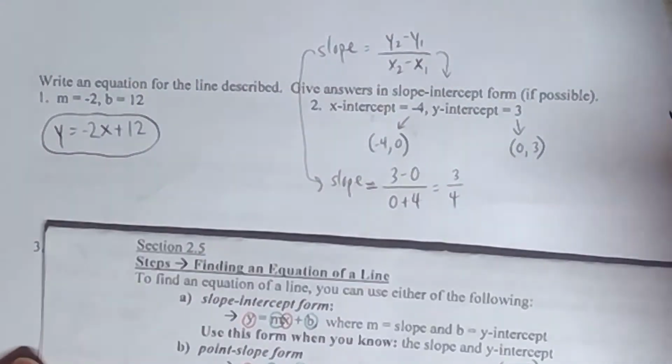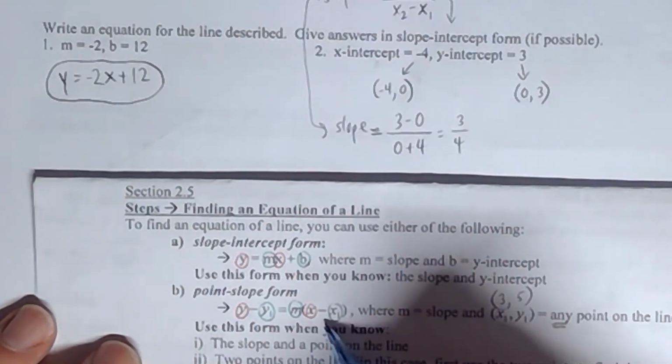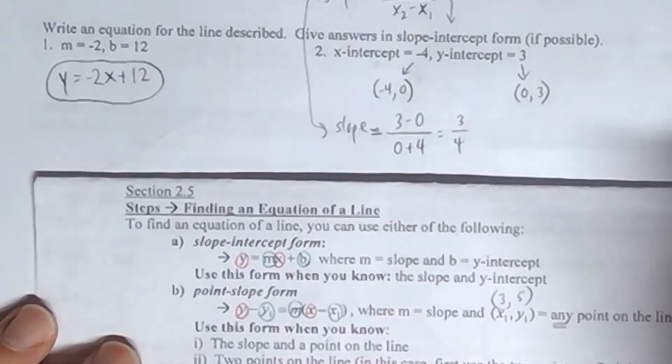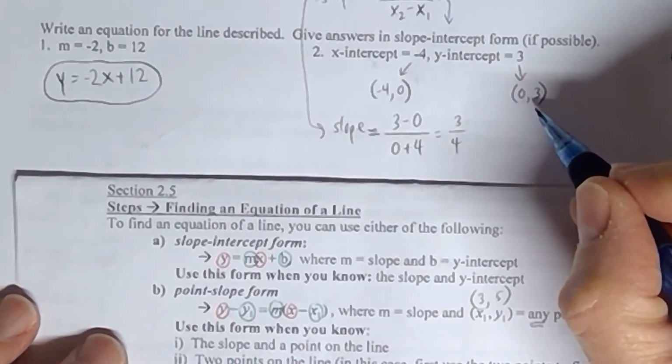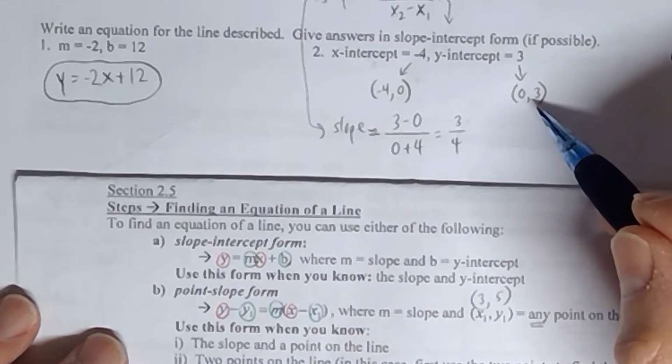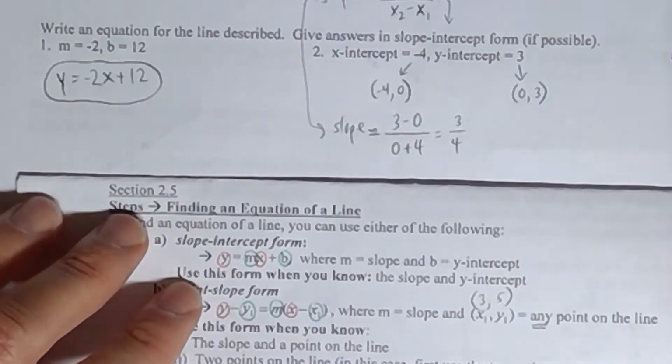But if you do not know what the y-intercept is, then you can always fall back on this second formula instead. Do we know the y-intercept? Yes, we do. It's right here. Not all problems will give you the y-intercept, but this one does, and the last one did as well.